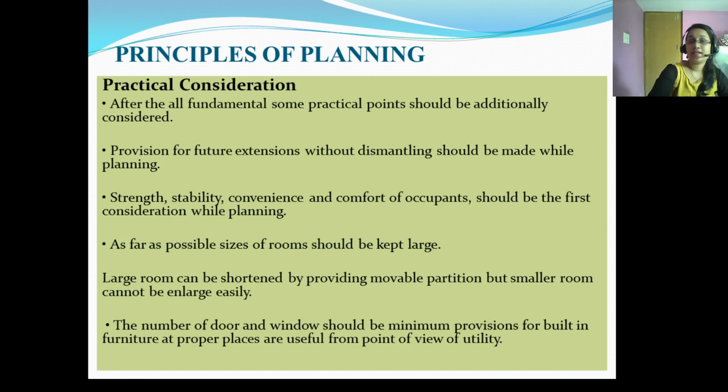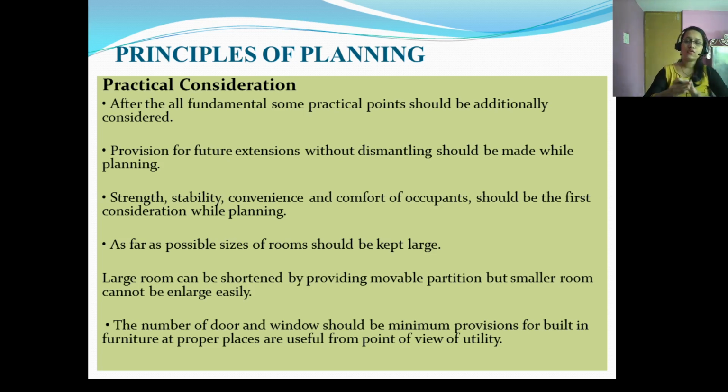Now coming to practical considerations. After all the fundamentals, some practical points should additionally be considered. We need to plan for future extension; provision for future extension without dismantling should be planned. Large rooms can be shortened by providing movable partitions, but smaller rooms cannot be enlarged easily.